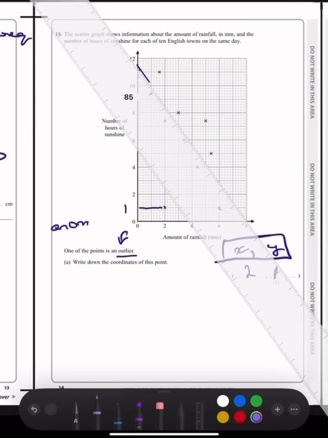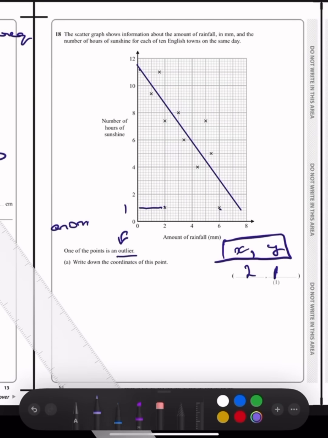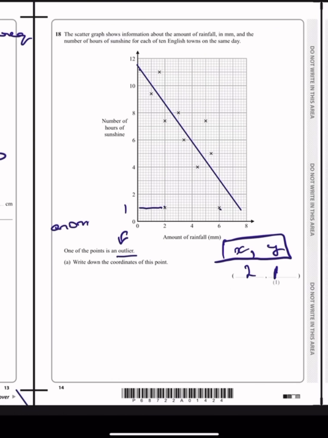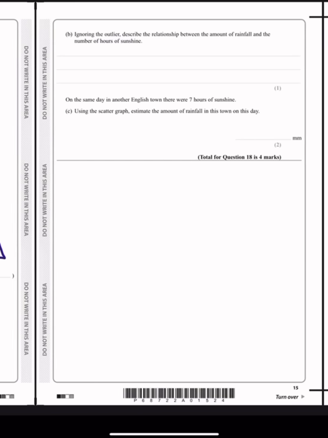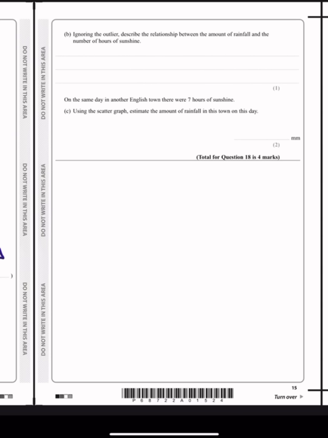So we start from here and draw a correlation down here. By drawing a correlation and removing this now, it won't get fully removed, but I'll try my best. Okay, now it's done. So now we can clearly see by this correlation that as rainfall increases, the number of hours of sunshine decreases. So that will be your relationship between the amount of rainfall and the number of hours of sunshine.